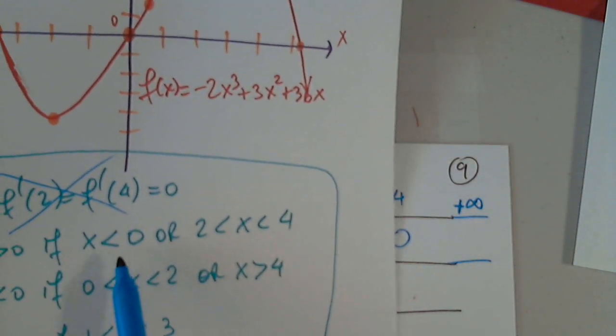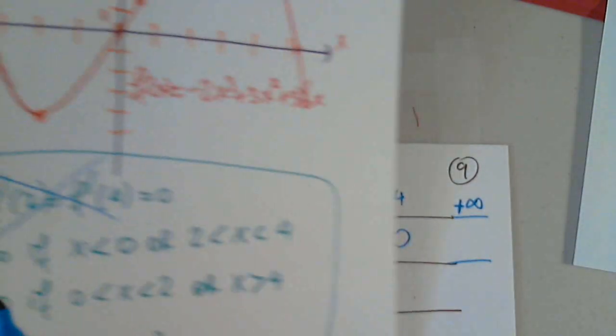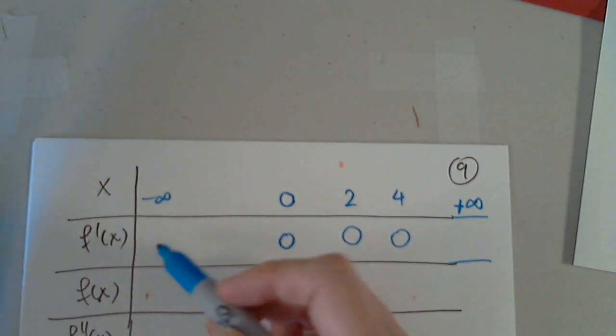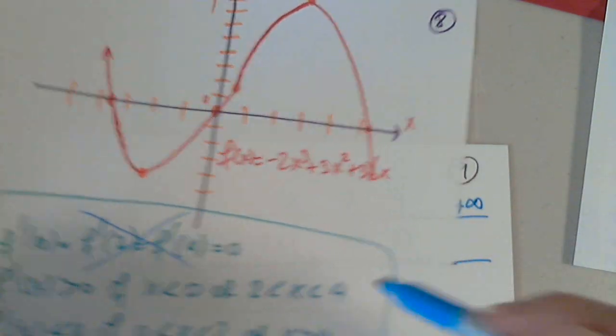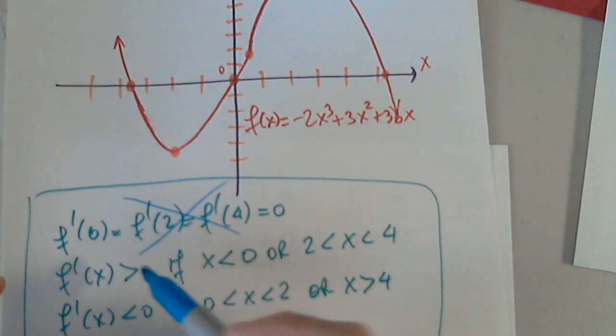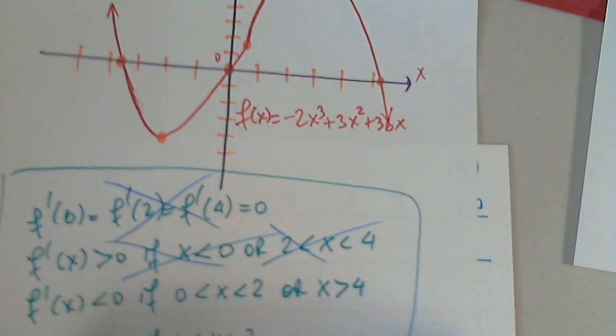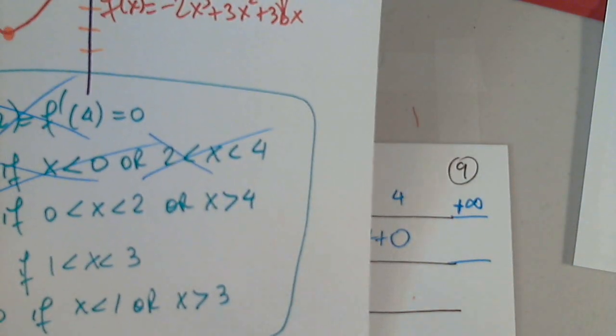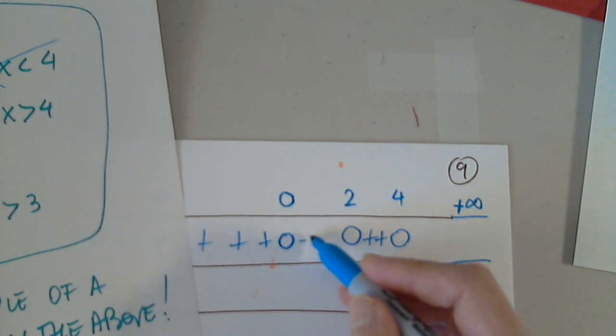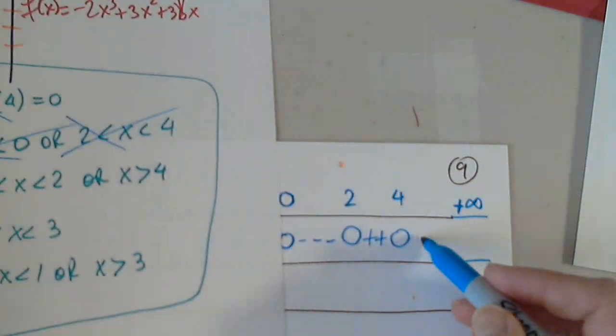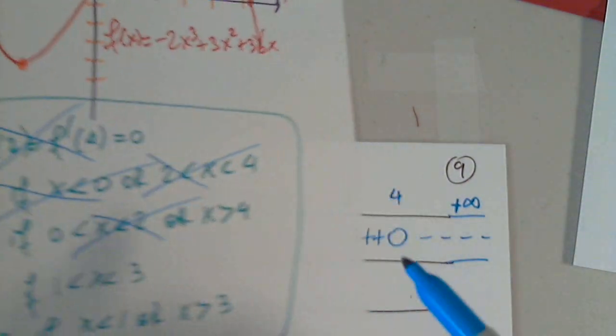To the left of 0, the first derivative is positive. Fine. Or between 2 and 4. Fine. No problem. Done. The first derivative is negative between 0 and 2. Okay, fine. Or to the right of 4. Fine. Done.